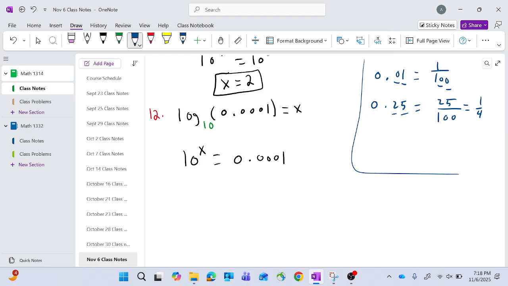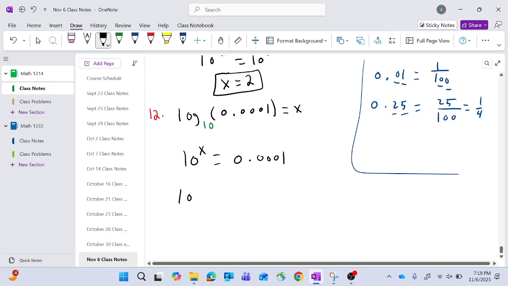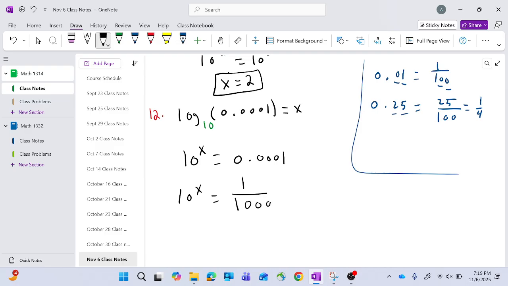You can always change a decimal to a fraction, and this is how you do it. Whatever the number is in the decimal, like 0.25, put it 25 over however many decimal places you have. In this case it's 2, so it's 100. You have 2 zeros. So in this case, 0.0001, I can rewrite this as 1 over 1, 2, 3, 4 zeros.